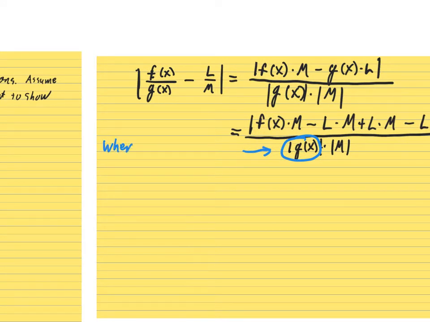So when x is close to p, that quantity g of x should basically be the same as m, and in particular, it should be strictly greater than absolute m over 2, as long as x is close enough to p.